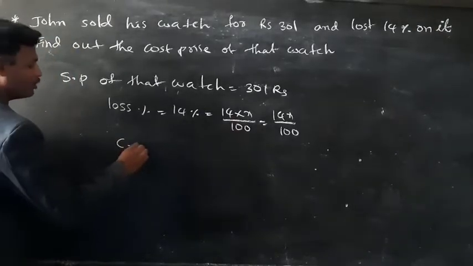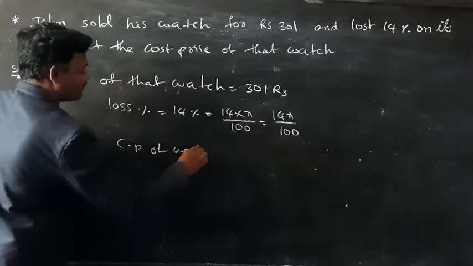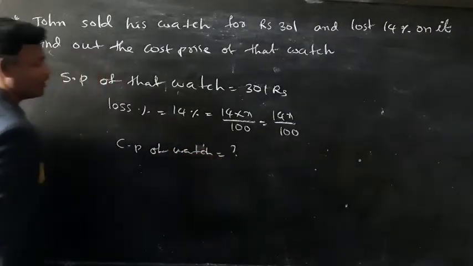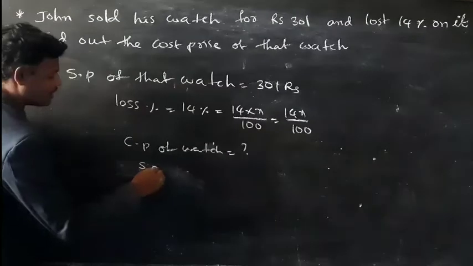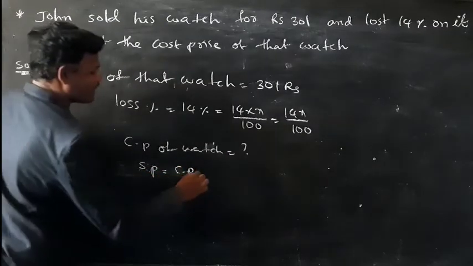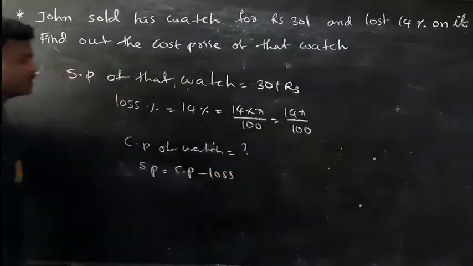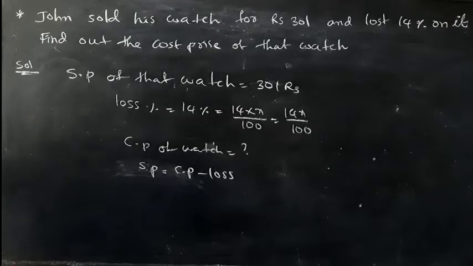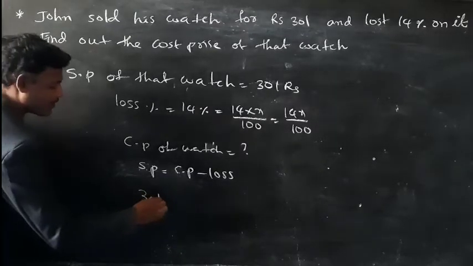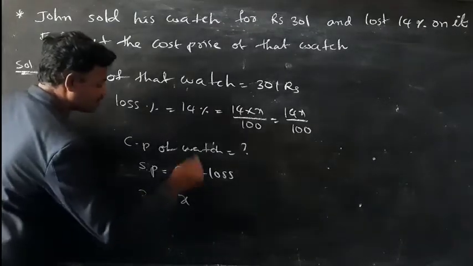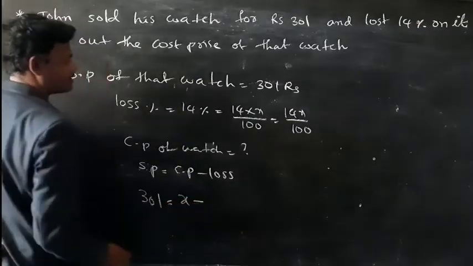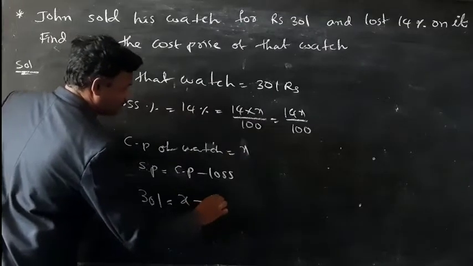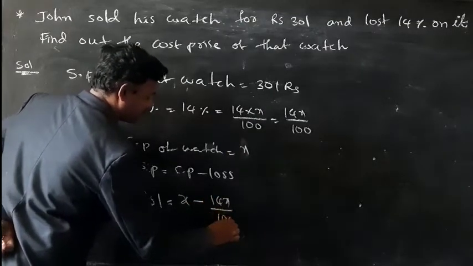It means I don't know the cost price of the watch. So according to that, what is the formula? Selling price is equal to cost price minus loss. So what is the selling price here? 301 is equal to cost price x minus loss, which is nothing but 14x by 100.